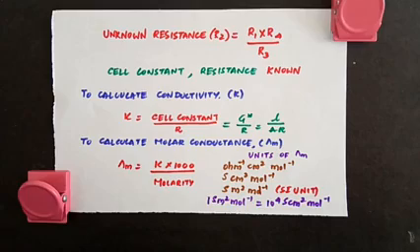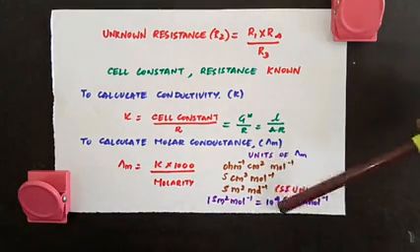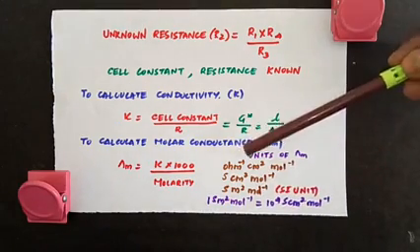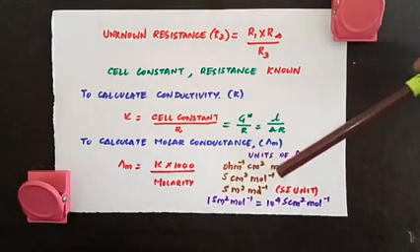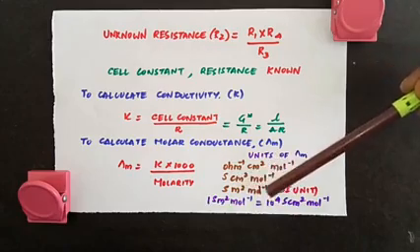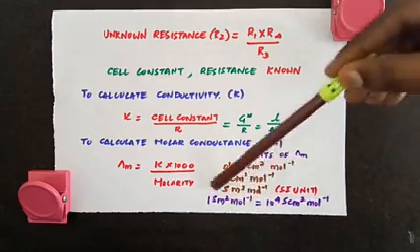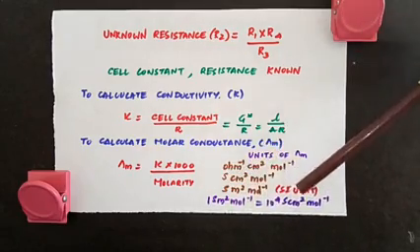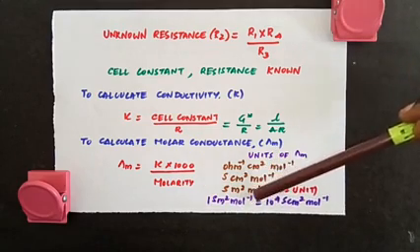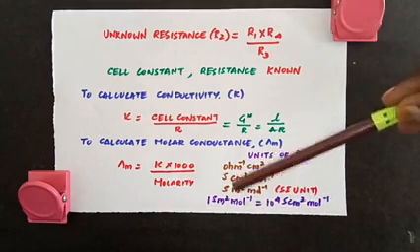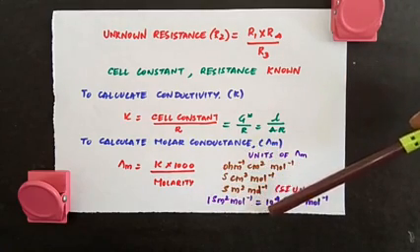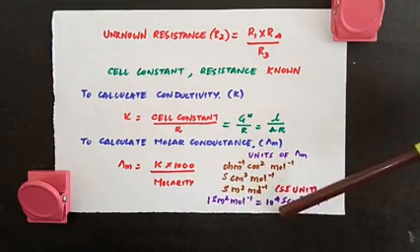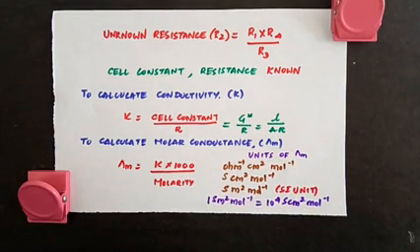Now these are all the units of molar conductance: ohm inverse centimeter square mole inverse, Siemens centimeter square mole inverse, Siemens meter square mole inverse. Siemens meter square mole inverse is the SI unit. The relationship between these, the centimeter square and meter square: 1 Siemens meter square mole inverse is equal to 10 power 4 Siemens centimeter square mole inverse.